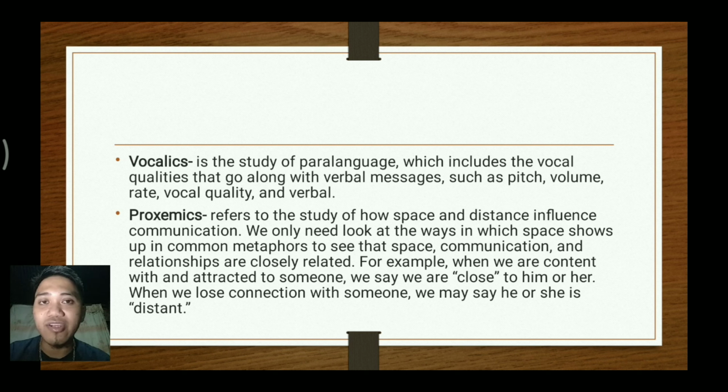It is very effective when we are giving our speech. For example, you are talking to somebody, and if you go near their proximity, they will actually listen to you. So proxemics is very important.